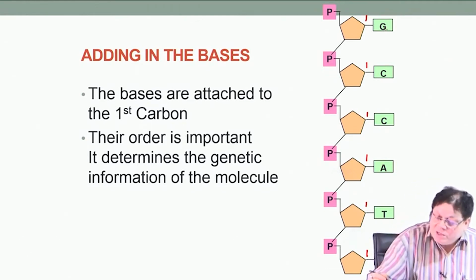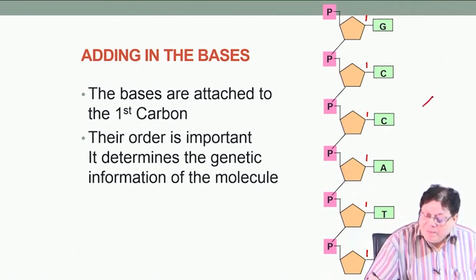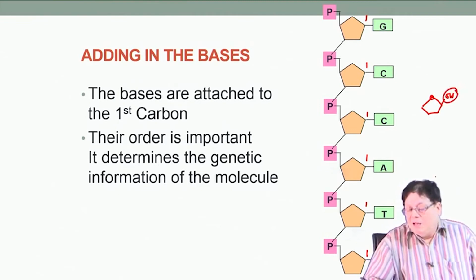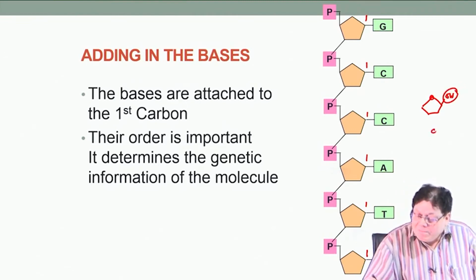Another point to note is that whenever a sugar is there, the anomeric position can take a beta orientation, that is the beta glycoside we call, or it can take an alpha position also.